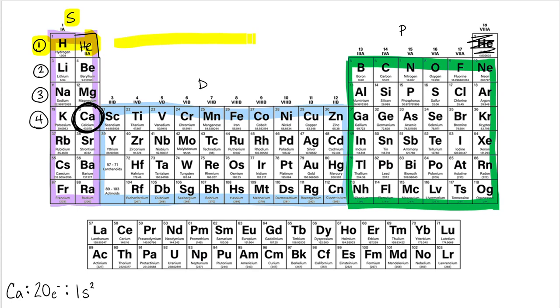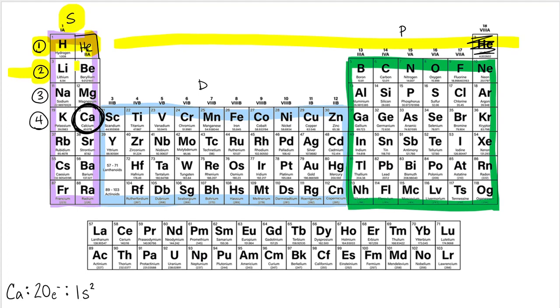Now I keep going. There's nothing over here, so I just come down to this period of the periodic table. This is going to be 2s2, gets me to beryllium. Keep on trucking. I run in over here. This is 2p, 1, 2, 3, 4, 5, 6. 2p6 gets me on over to neon.